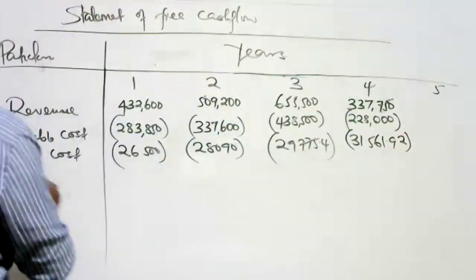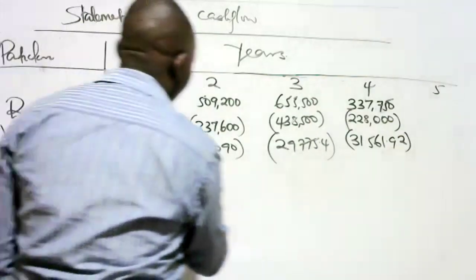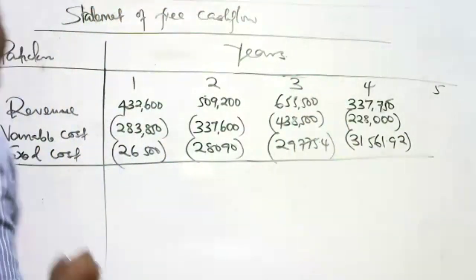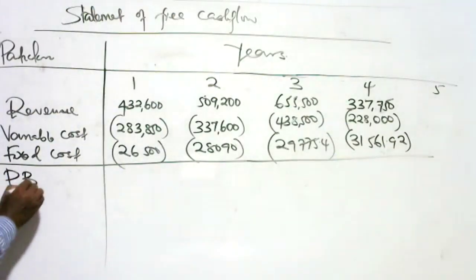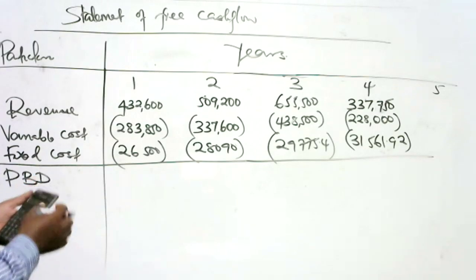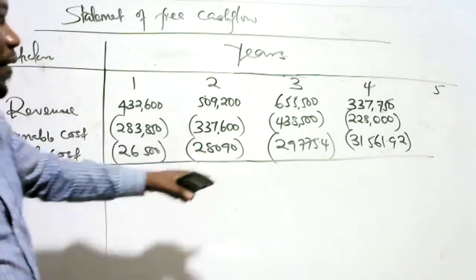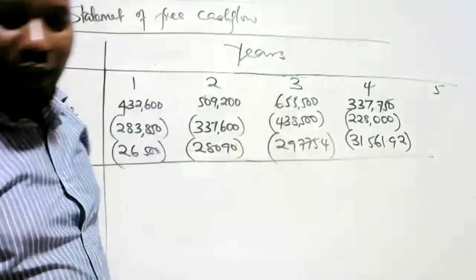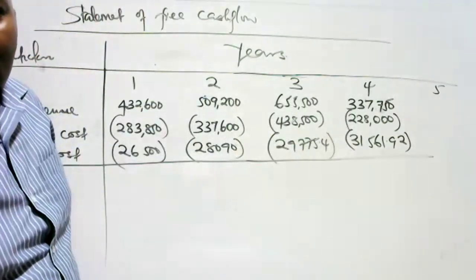Okay, so we can now get our profit before depreciation. You can now assist me to calculate there. Faith, do for us year 4. Sally, do for us year 3.